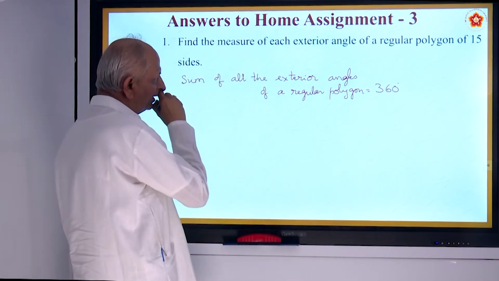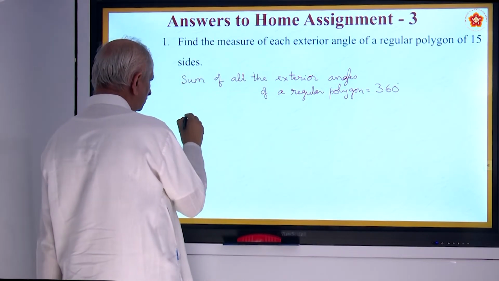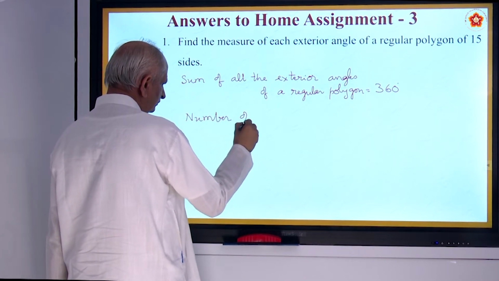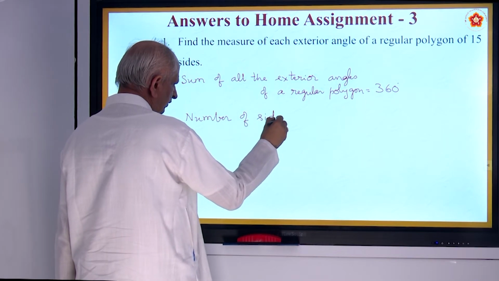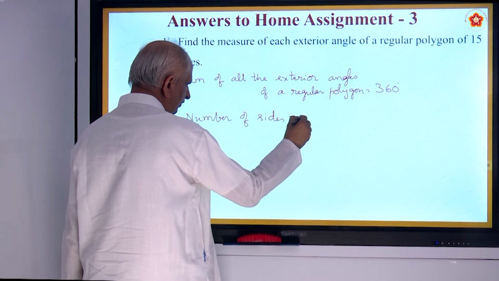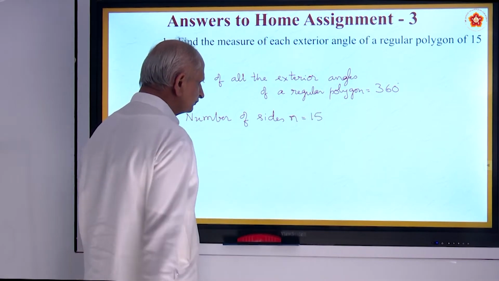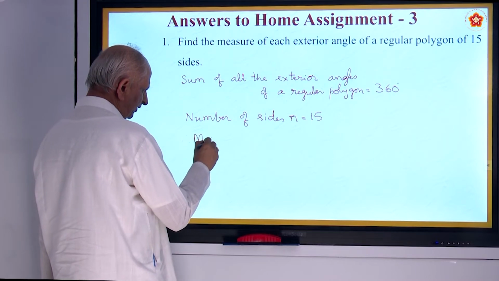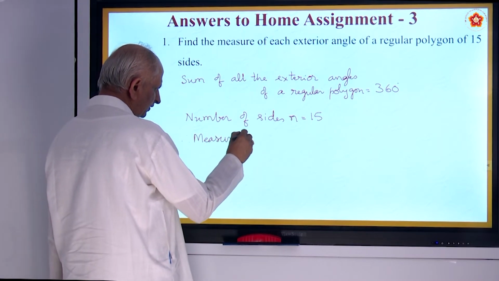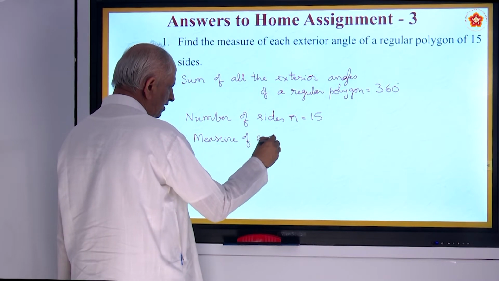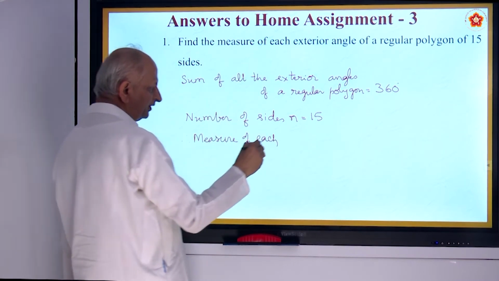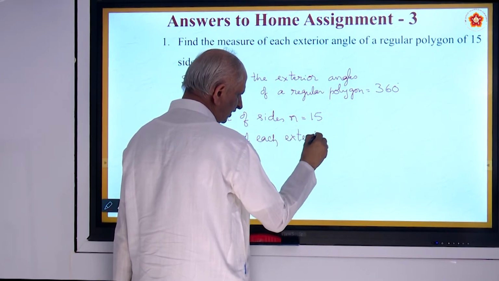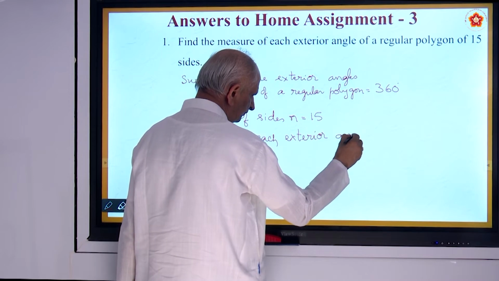Now here is a polygon having 15 sides. So the number of sides given is n equal to 15. And they are asking the measure of each exterior angle. Question is, find the measure of each exterior angle. So at every vertex we have one interior angle and one exterior angle.